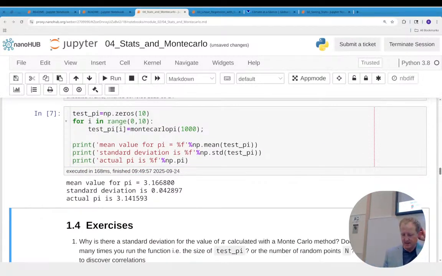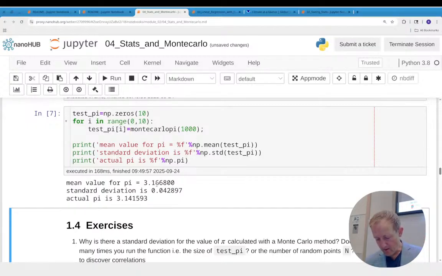And what I can see is that if I use n equals 1,000, I'll run it 10 times to see how accurate it is each time. I get 3.17, and the actual pi is 3.1415, at least from our computer, the best that our computer can store that value of pi.